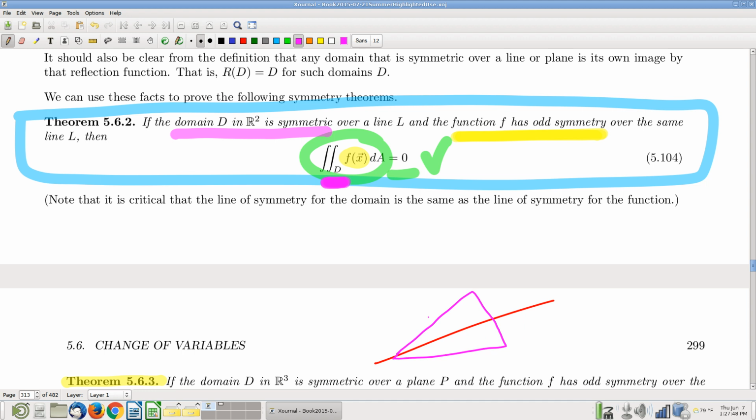And if the function has odd symmetry, well, that means that whatever's going on over here, the exact negative of it is going on over there. You're looking at an integral that has terms over here and terms over there that are exact negatives of each other because the function's odd. They cancel, everything cancels, you get 0. Okay. It's just a two-dimensional version of the theorem we just saw.